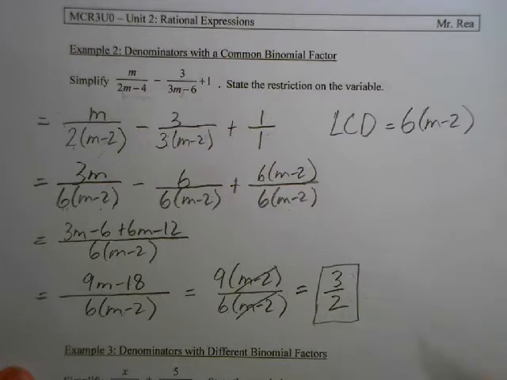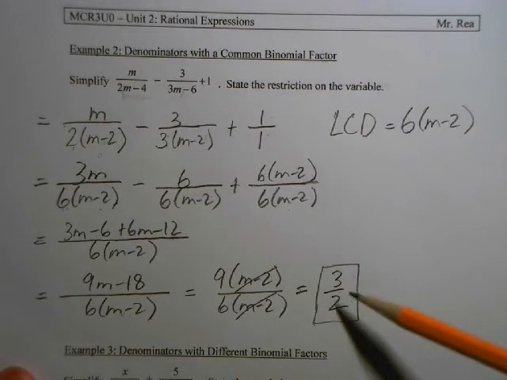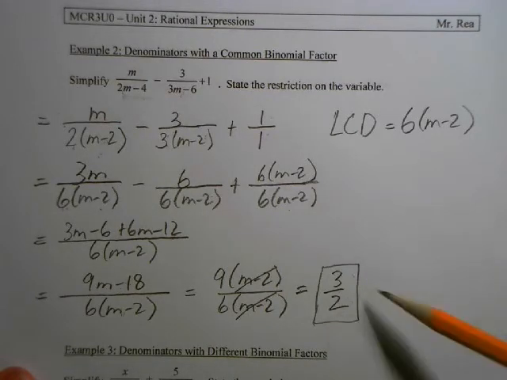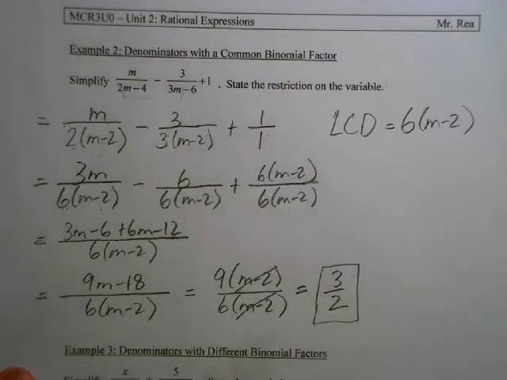But remember, when we were multiplying and simplifying rational expressions, before you just make that decision, remember what we said about when you state your restrictions. You do it before you cancel any factors.